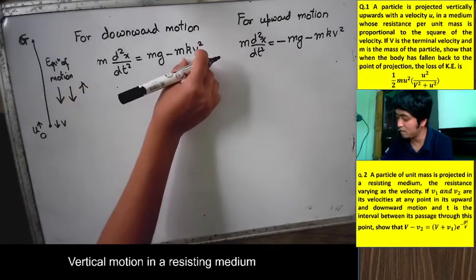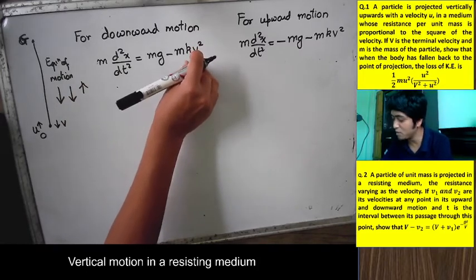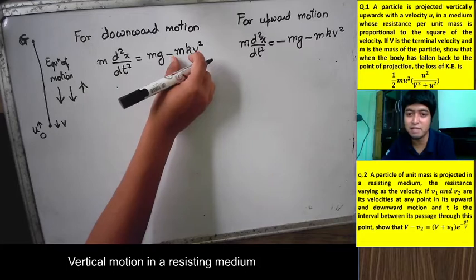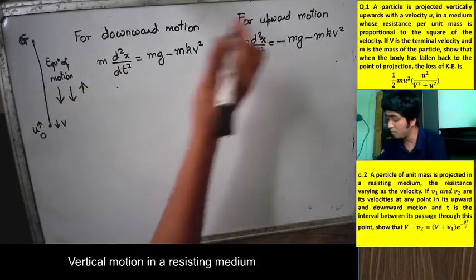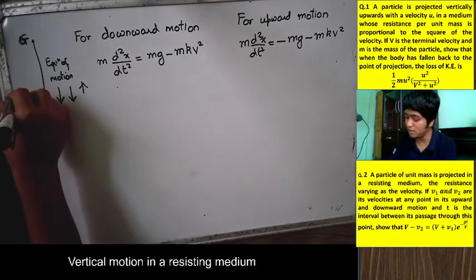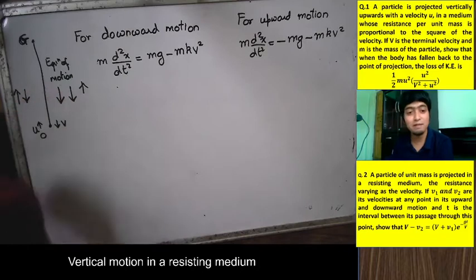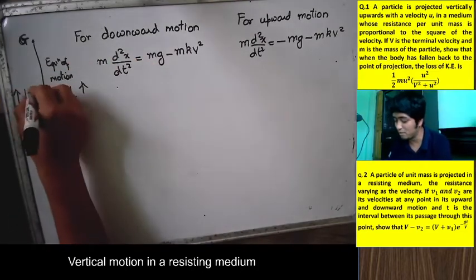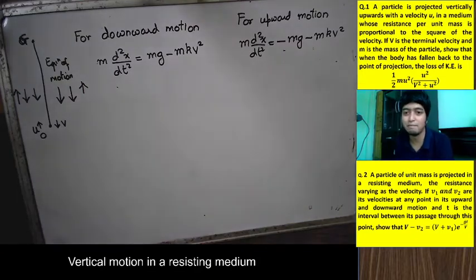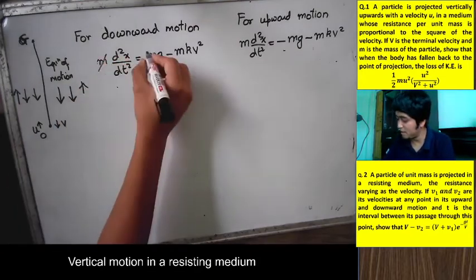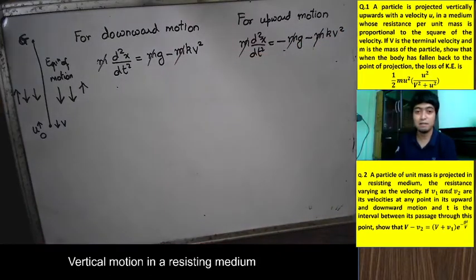That is why this one is opposite to the motion, so we have a negative sign, which is for the resistance. Whereas for the upward motion, the particle is moving upwards, the weight is downwards, and the resistance is also downwards. That's why we have both negative signs here. We can actually cancel m from everywhere.